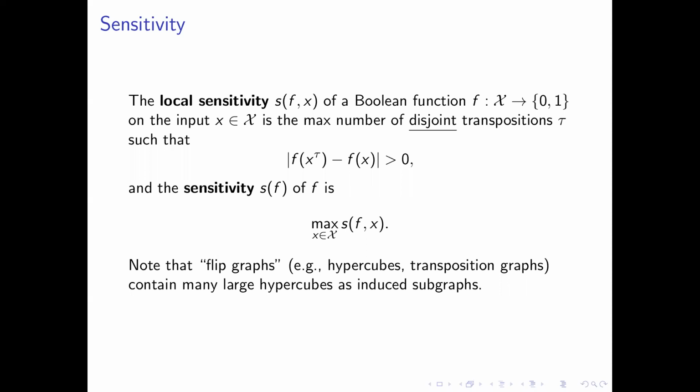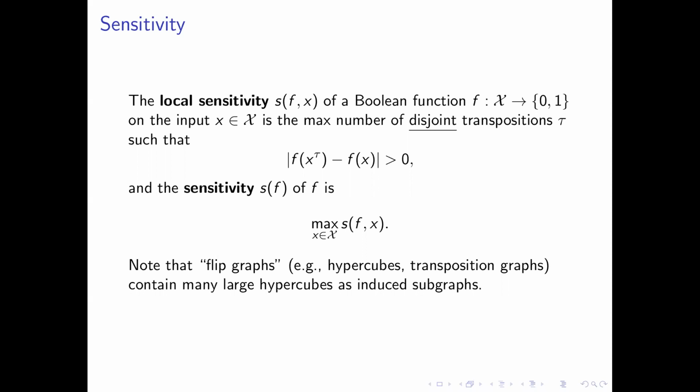So I look at my input, just like before, but now I'm going to consider disjoint transpositions. I'm going to have these transpositions act on my input, and the local sensitivity is just going to be the maximum number of disjoint transpositions such that when I let a transposition act on my input x, the function value changes.